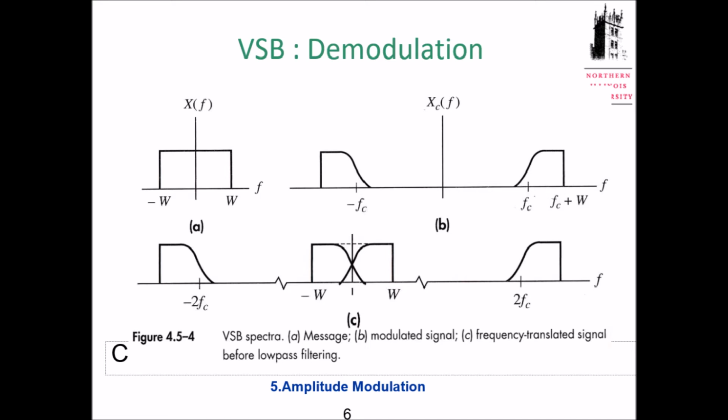Here I have the other side of the upper sideband modified. When I do the demodulation, this part moves to 2fc, and back to DC.